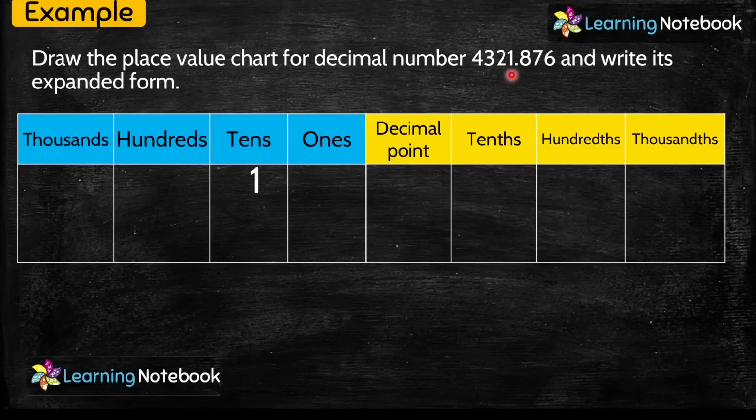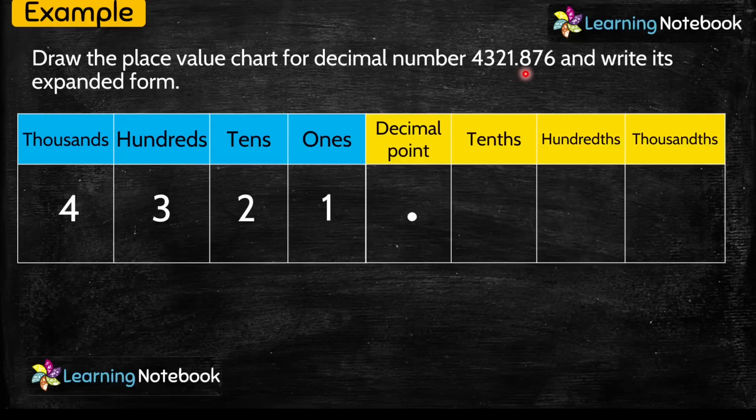1 is at ones place, 2 is at tens place, 3 is at hundreds place, and 4 is at thousands place. Now let's put the decimal point in the place value chart.